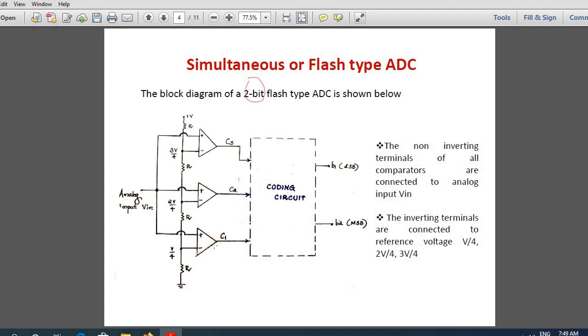That is what is meant by comparator. The positive or non-inverting terminal of all the op-amps is connected to the analog input which is to be converted. The negative terminals, called inverting terminals, are connected to a voltage dividing network.